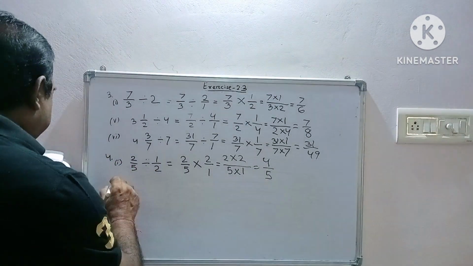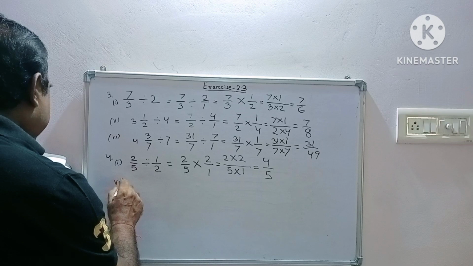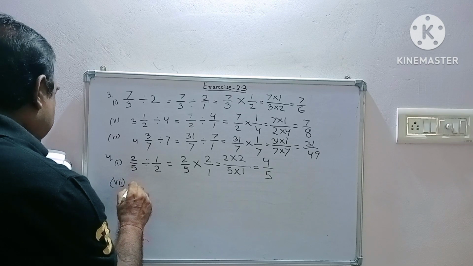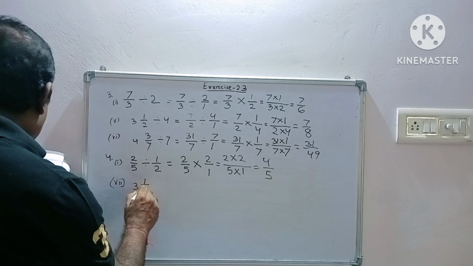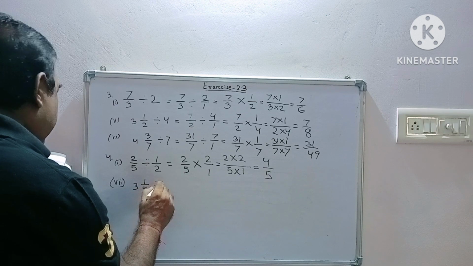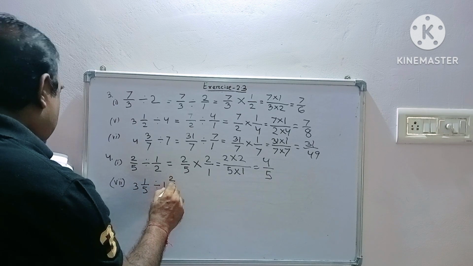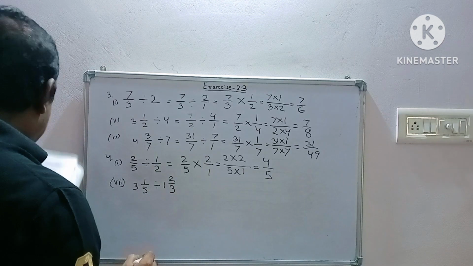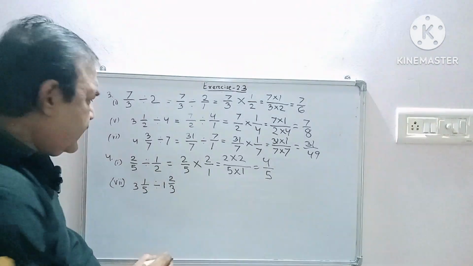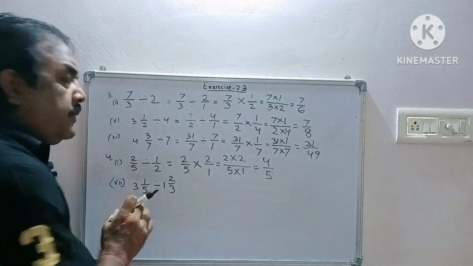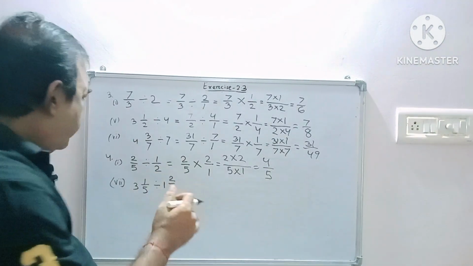Then come to B2. 3 whole number and 1 upon 5 divided by 1 whole number and 2 upon 3. So what do you do here? You see, we have to convert the mixed fractions into improper fractions.